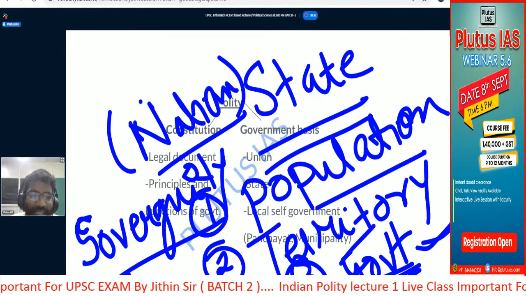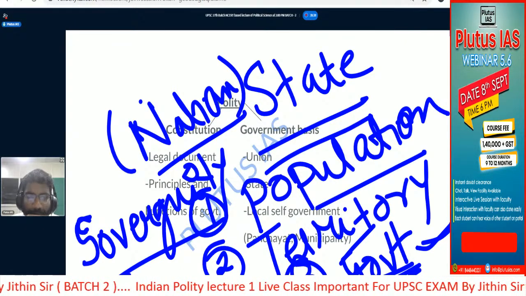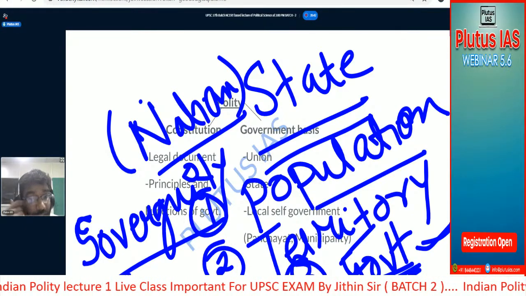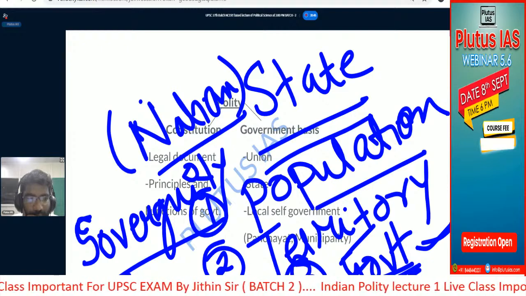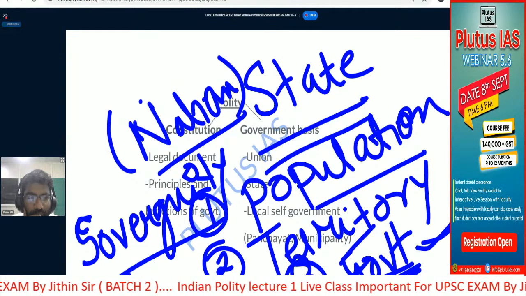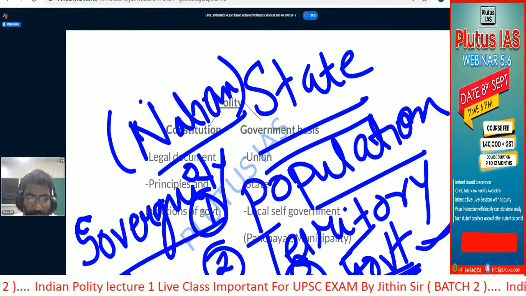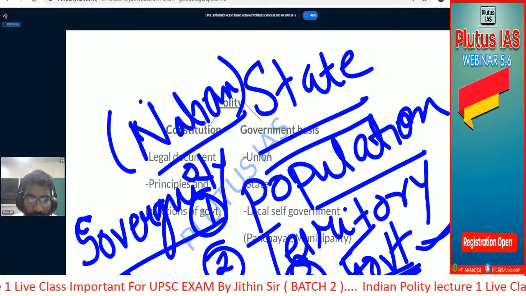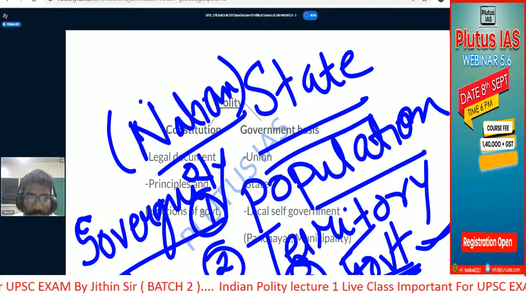The second element is territory. The third element is government. And the fourth element is sovereignty.